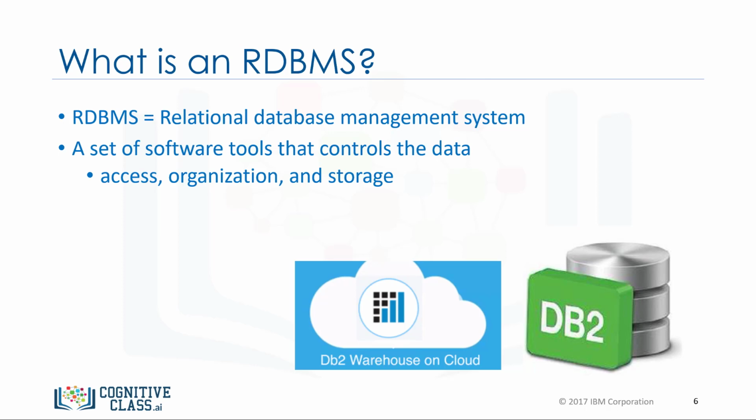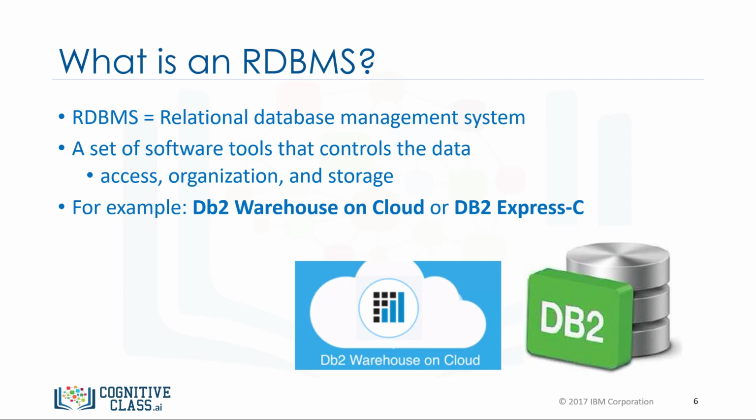RDBMS is a set of software tools that controls the data, such as access, organization, and storage. An RDBMS serves as the backbone of applications in many industries, including banking, transportation, health, and so on.